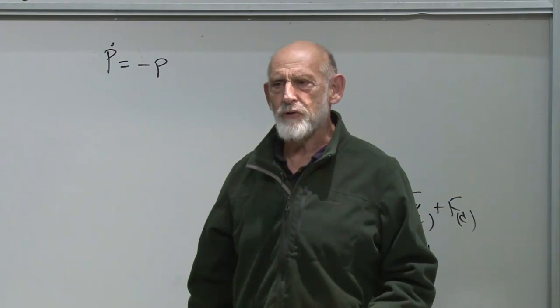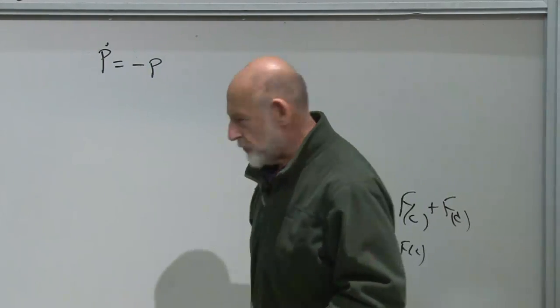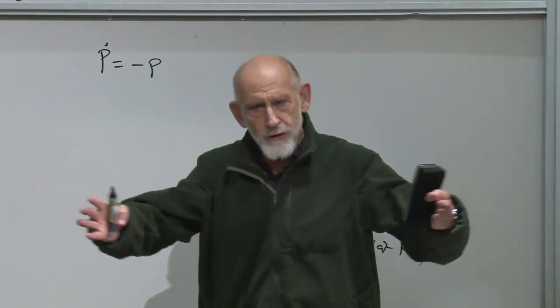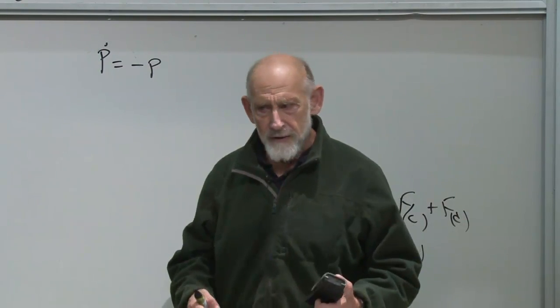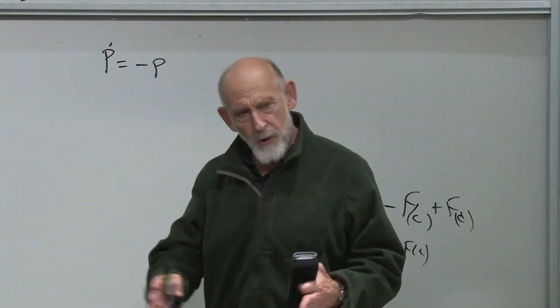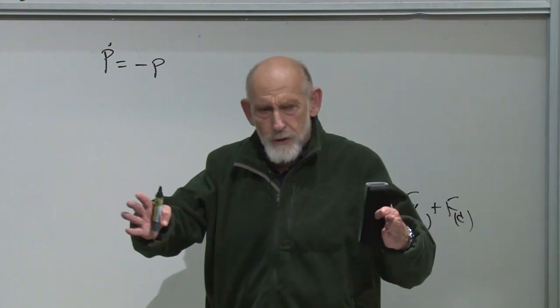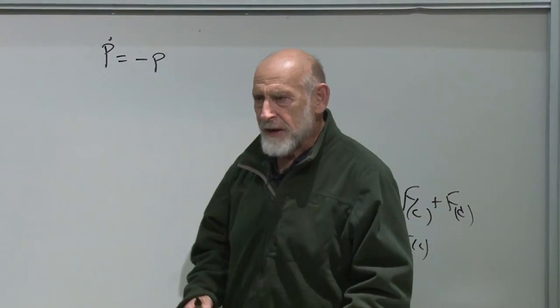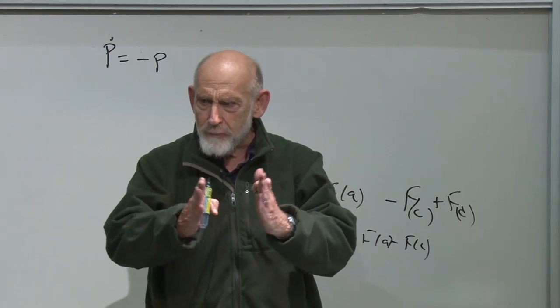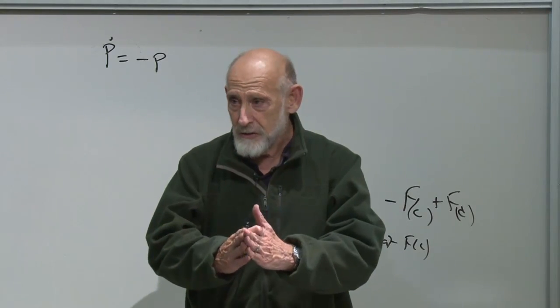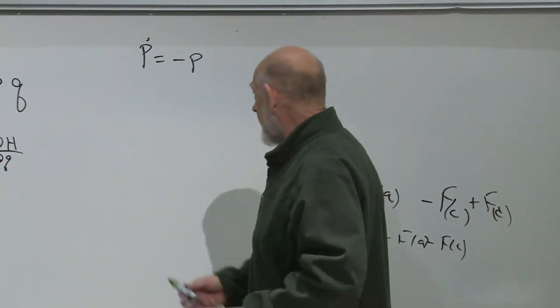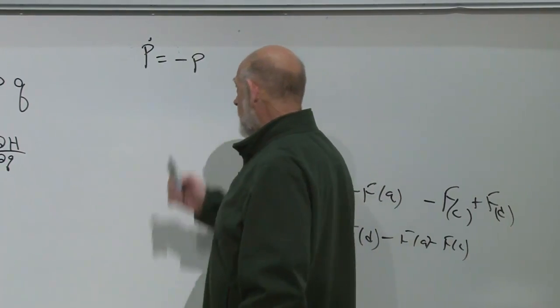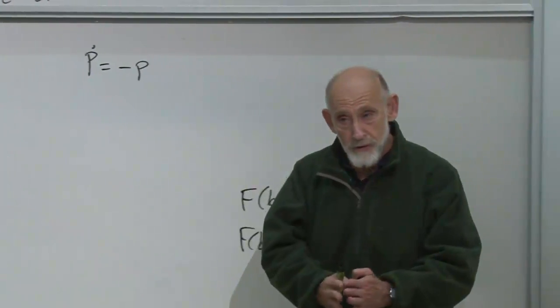It's a shrinking exponential. So p shrinks. Whatever p is, it gets smaller with time, exponentially. That sure sounds like the fluid is compressing along the p-axis, and it is. It's compressing violently as time goes on, since it's being exponentially shrunk.